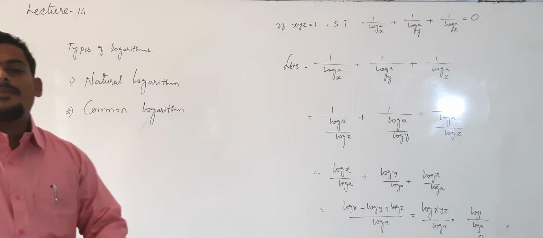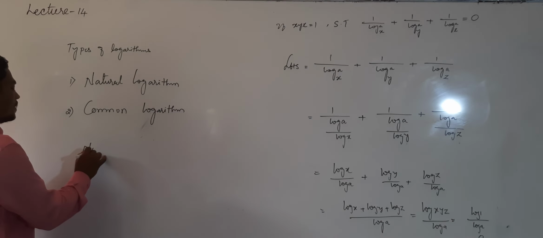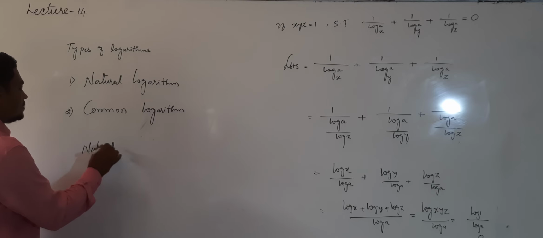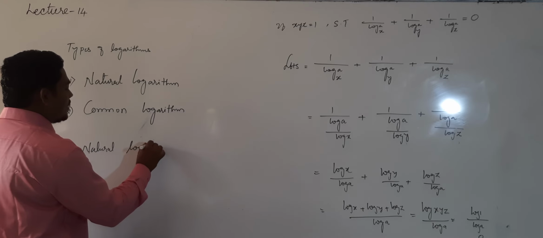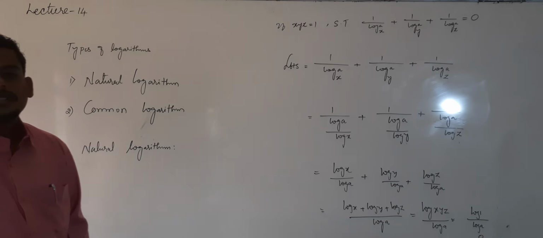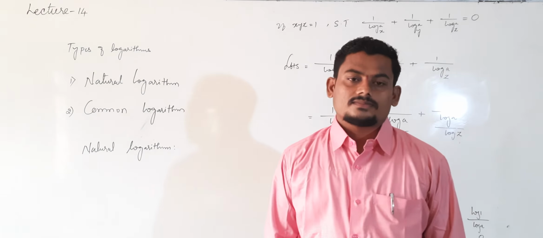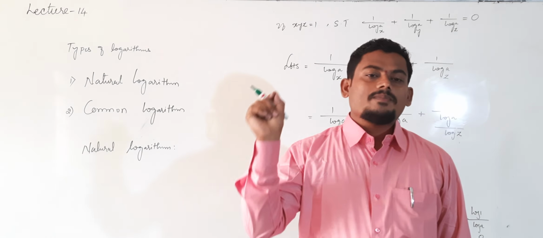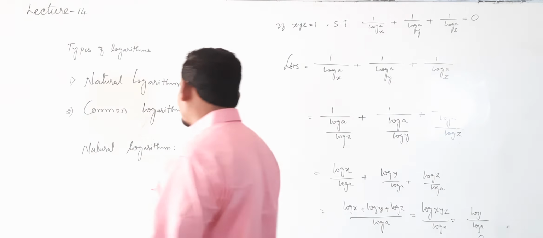What is the definition of natural logarithm? The logarithm to the base e is called natural logarithm.